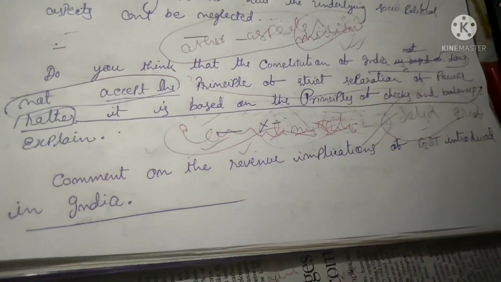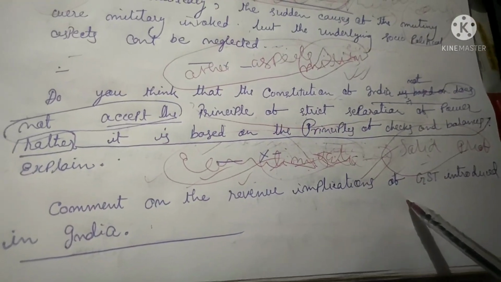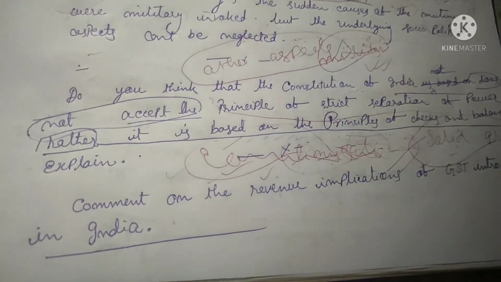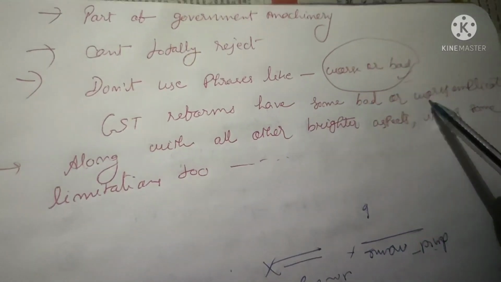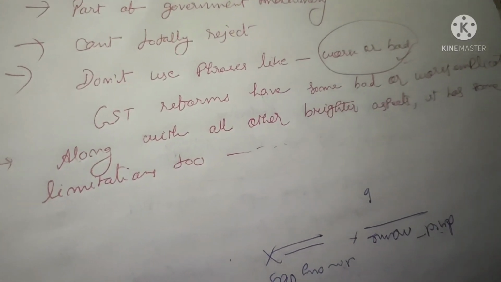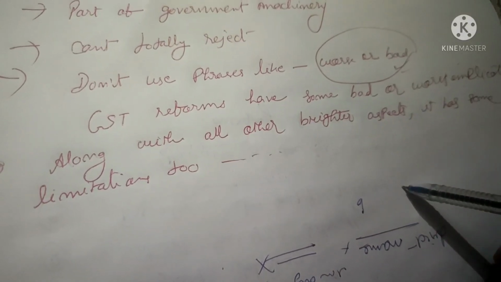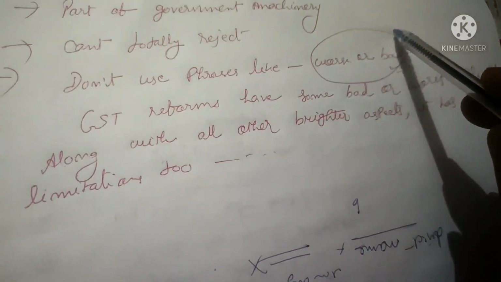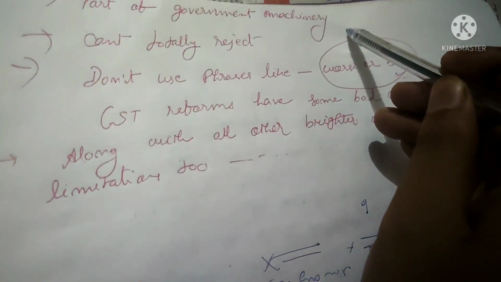Then see another question. Comment on the revenue implications of the GST introduced in India. Well, this type of question is very important, because in our mind we have lots of criticisms or lots of negative points regarding such a question. But while attempting such a question, you have to keep in mind that you are a part of the government machinery.